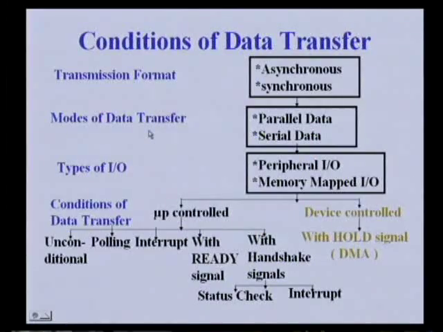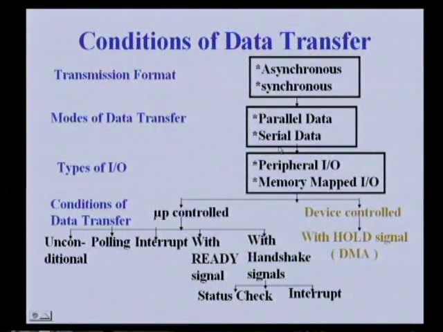Hence, it must start with a specialized character bit, in this case called start bit, and it must end with stop bits. One byte or one character will be transmitted at a time in this case. Hence, the data transfer speed in asynchronous method will be relatively less in comparison with the speed of synchronous data transmission.